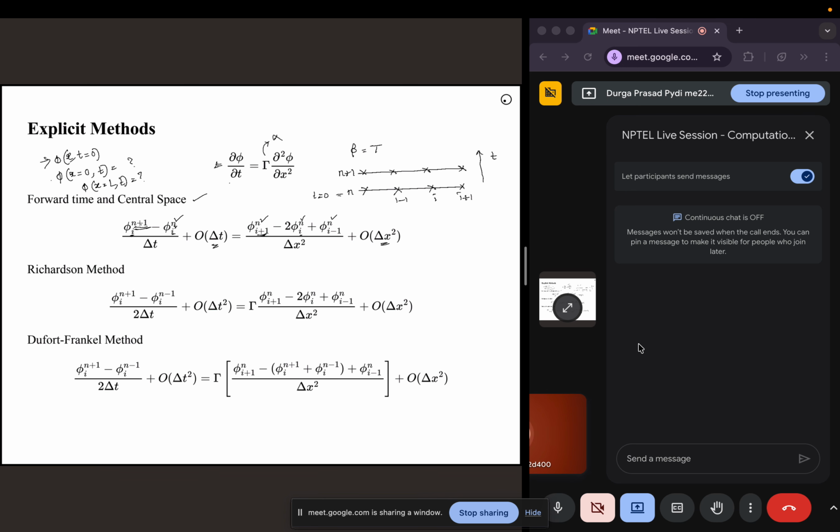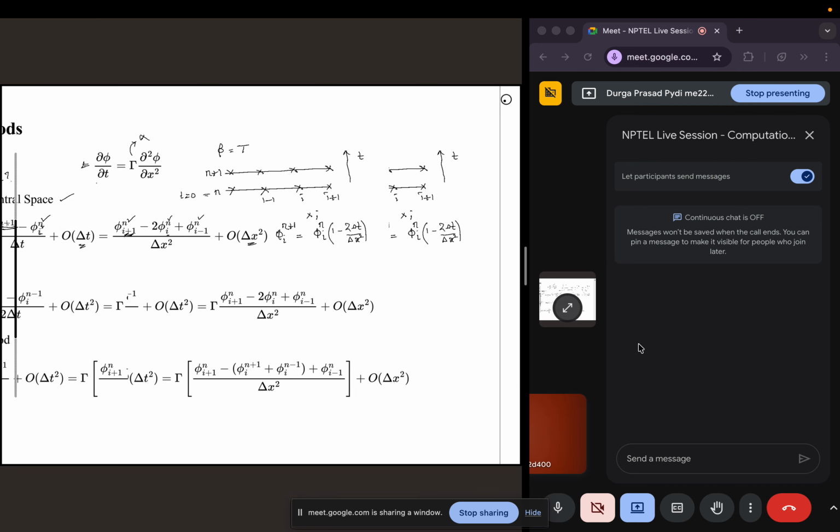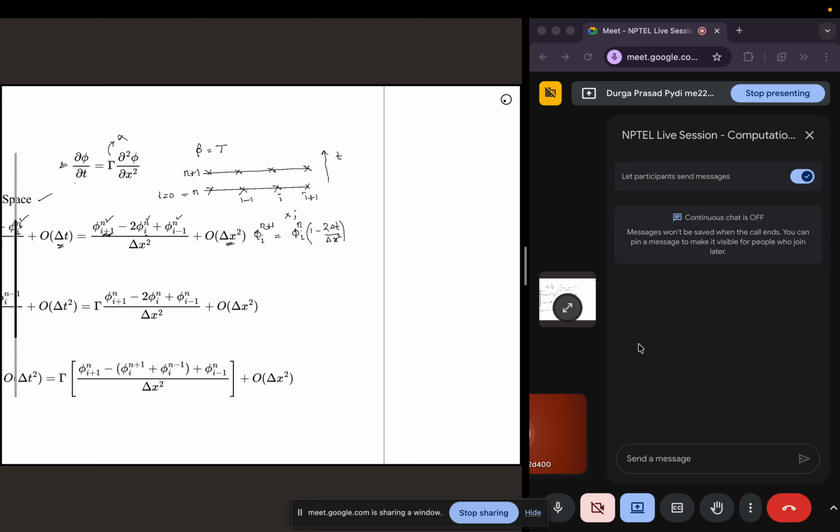If I simplify this a little, let's say I just have one coordinate. This would become something like phi n+1. Let's say the i+1 and i-1 terms are not present here, or otherwise I can keep them as a constant.